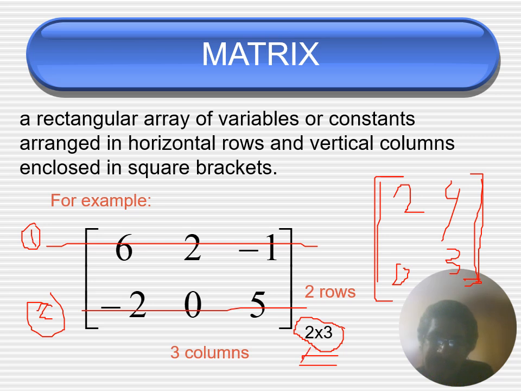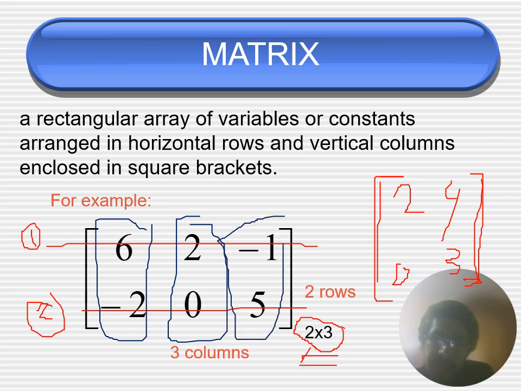The 3 is the number of columns. So we have here the first column, the second column, the third column. So it's 2 by 3, number of rows times number of columns.